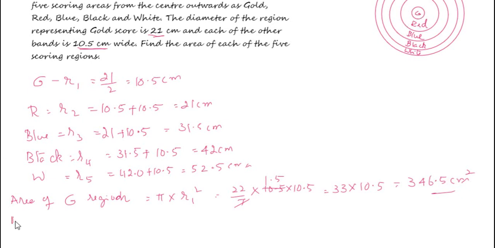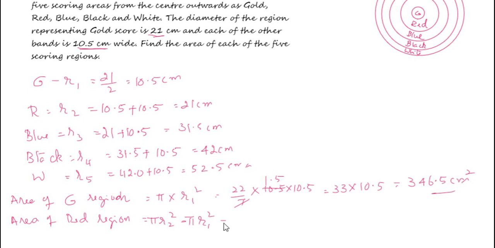Now area of red region, that is area of this entire circle, that is pi R2 square minus area of this circle which is golden in color, that is minus pi R1 square.